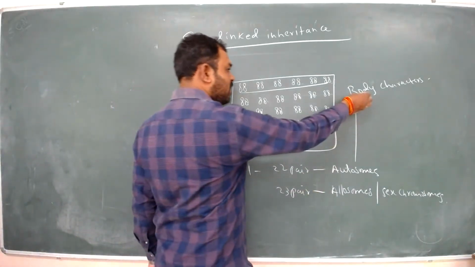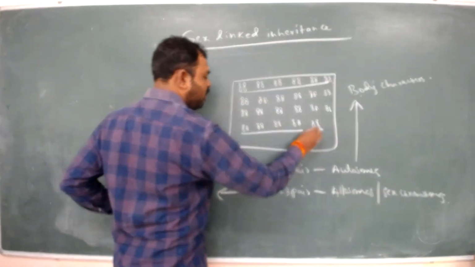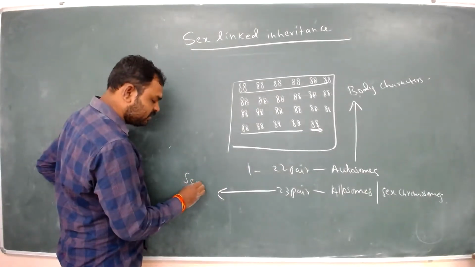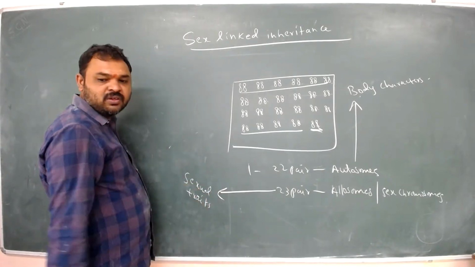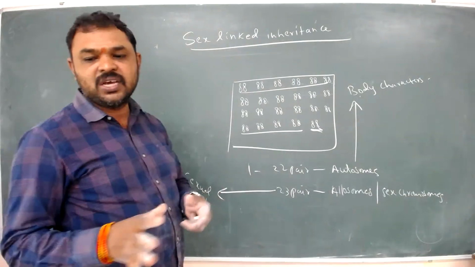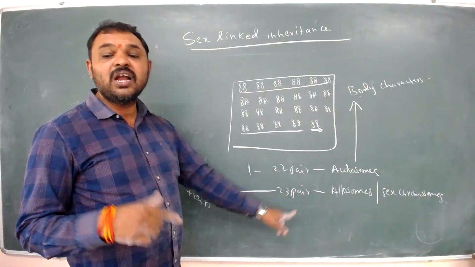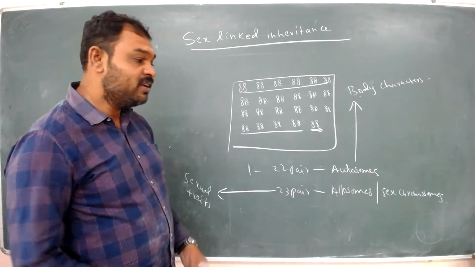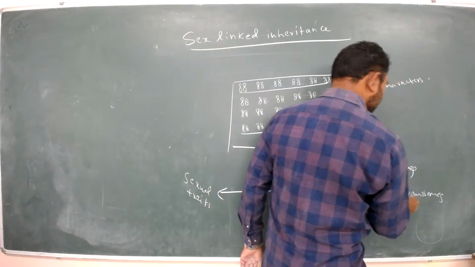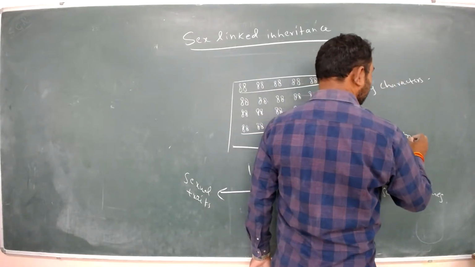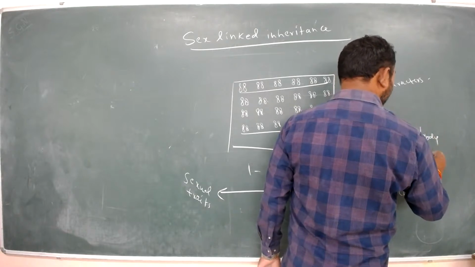Normally, autosomes control body characters. Allosomes are sex chromosomes, the last pair, and they control sexual characters. But the major point is that some genes present on the sex chromosome control body characters.